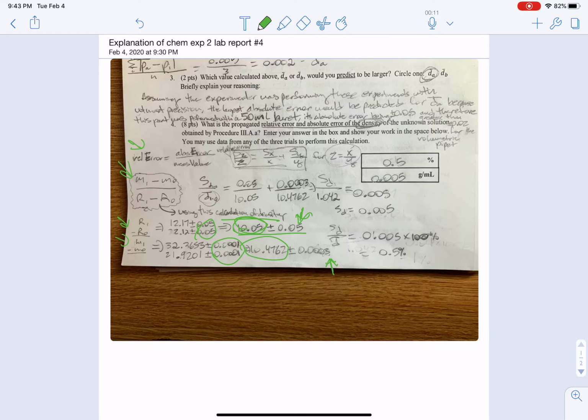So basically, you get these values, right, and you have this formula, and it tells you about the relative error for multiplication and division. For this formula here, you get that sz over z equals sx over x plus sy over y.